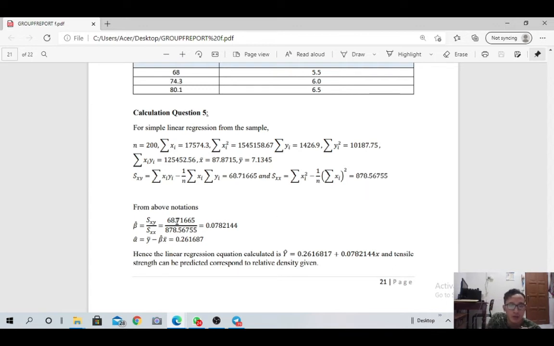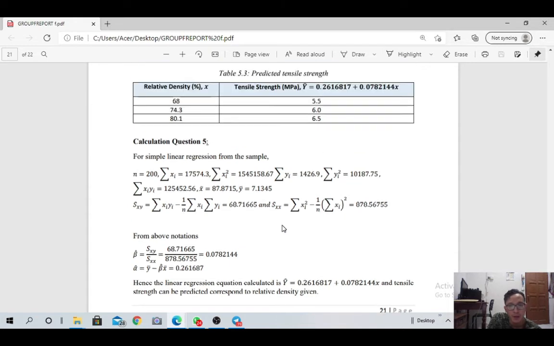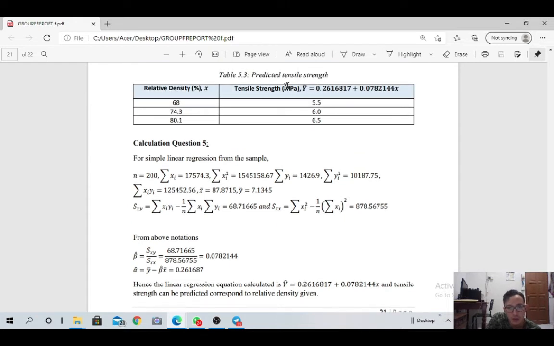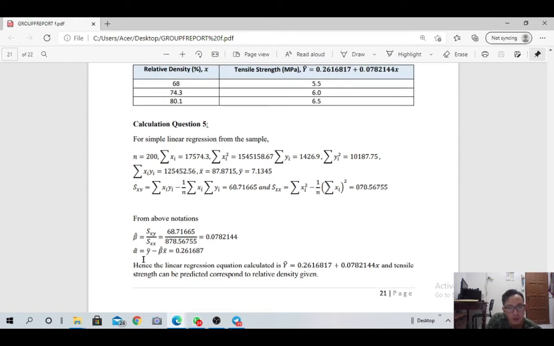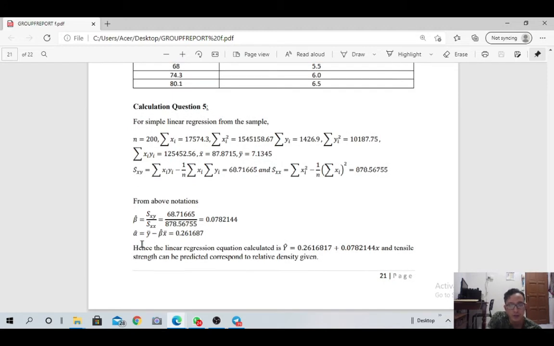So divide two values, we will get value of beta, which is 0.0782144. And we substitute in this equation, we automatically find the value of alpha, which is 0.261687.